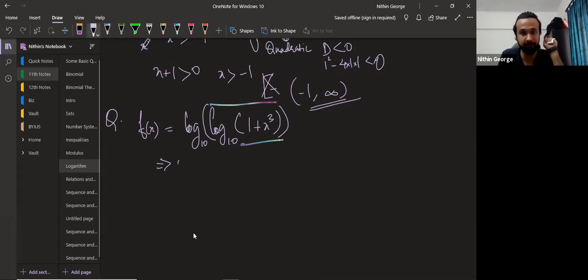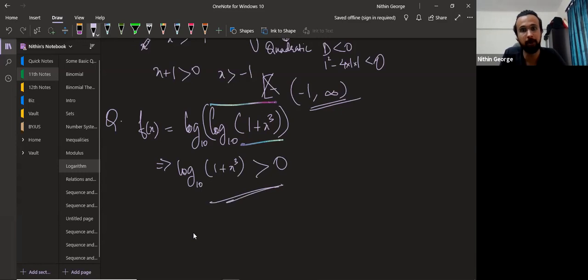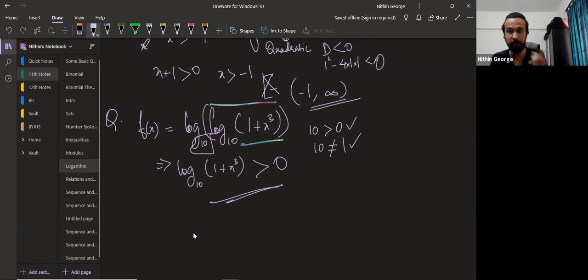It means that log base 10 of 1 plus x cube should strictly be greater than 0. What about the base here? 10 is greater than 0, check. 10 is not equal to 1, check. I'm just saying that so that you build a habit of thinking like this. You look at the base and check that it's greater than 0 and not equal to 1. And then you check this part, and figure out if it is greater than 0.